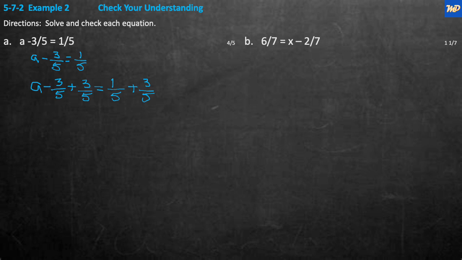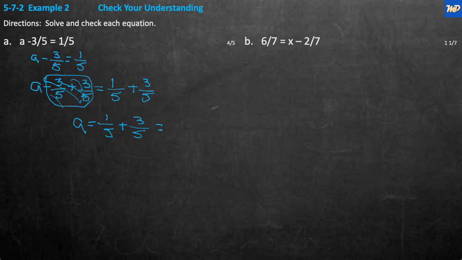Okay, and we did this to get the A by itself, so that means now, if this is done right, minus 3/5 plus 3/5, this pair will go away, and we're left with the A on the left-hand side, and we have 1/5 plus 3/5. Well, if the denominators are the same, we have nothing more to do other than to solve the problem by adding the numerators. I said it's plus in this case. Could be negative. We'd subtract the numerators.